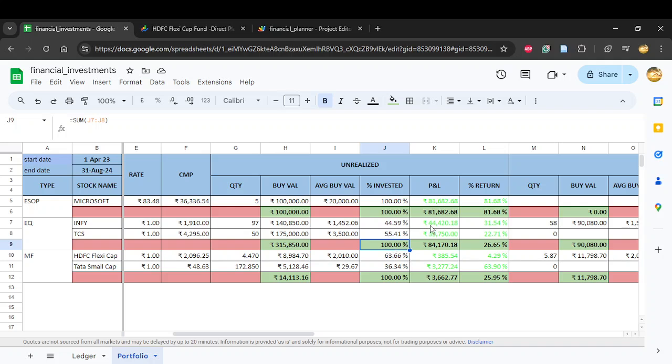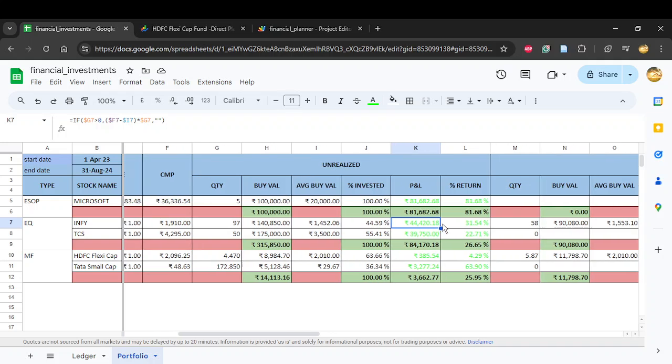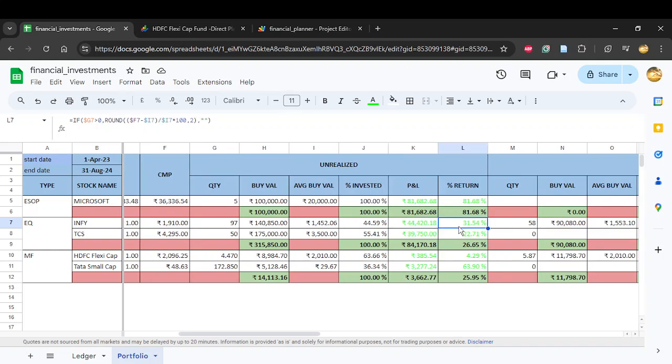The profit and loss is calculated on the basis of the current market price for this share and the average buy value that you have, or the total amount that you have invested. Based on that, you can calculate the profit and loss for the shares that you hold in your portfolio as of date. Similarly, you can also calculate the percentage return based on the profit and loss and the amount that you have invested.